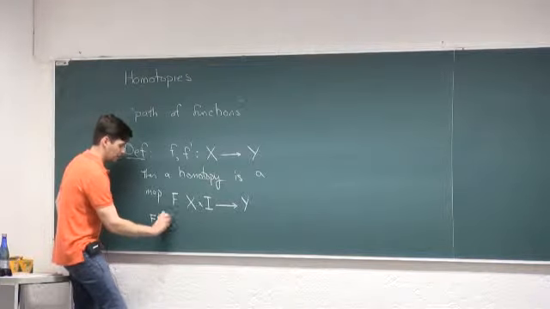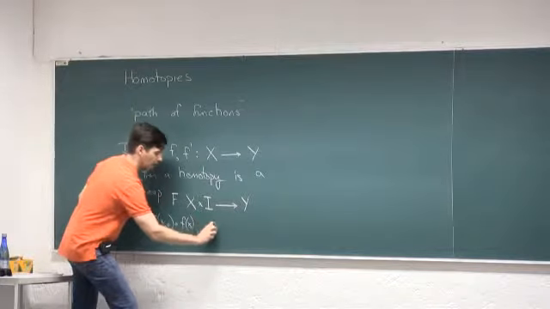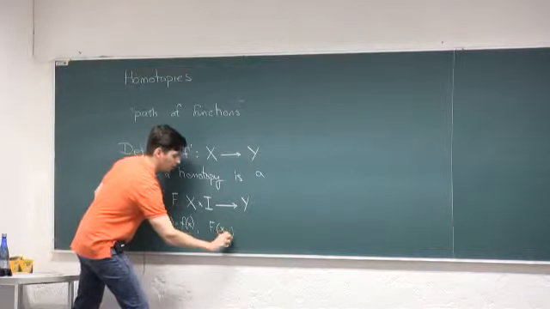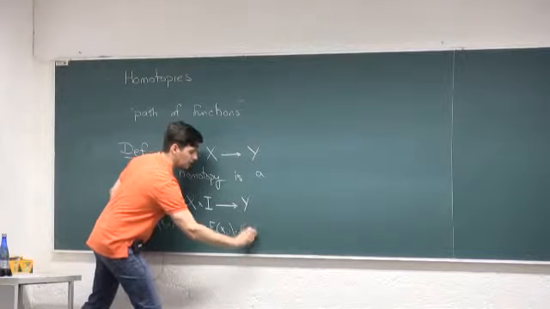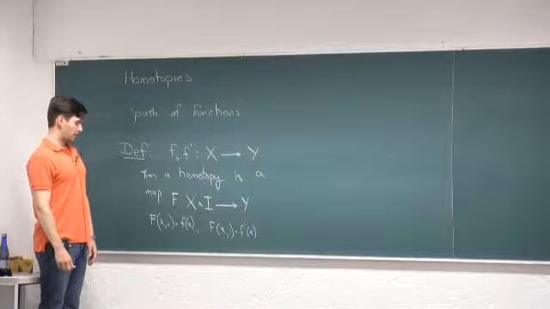F of x, 0 is f of x, and F of x, 1 is f prime of x. And now, all I've actually done is copy the definition that you know.